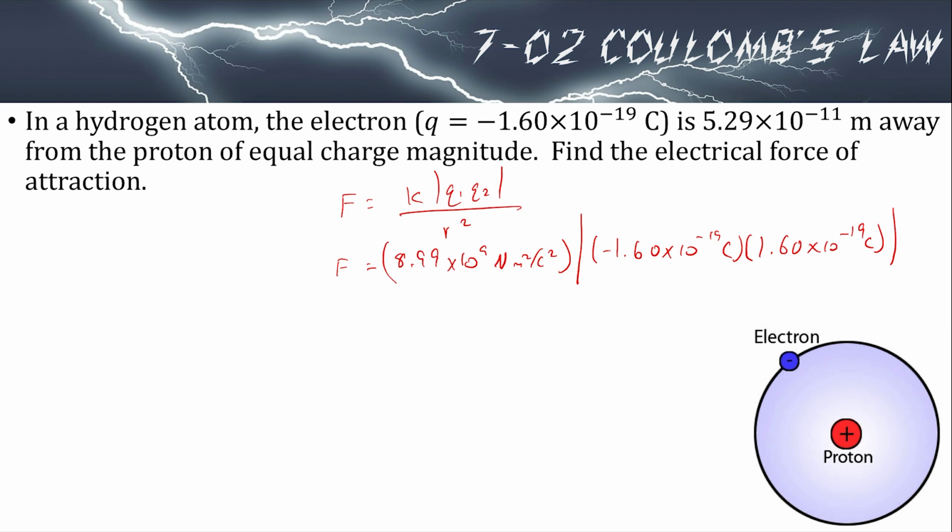It doesn't really matter in this though, because it's absolute value. And then it's the distance between them squared. Put all that in the calculator, and I get 8.22 times 10 to the negative 8 newtons.